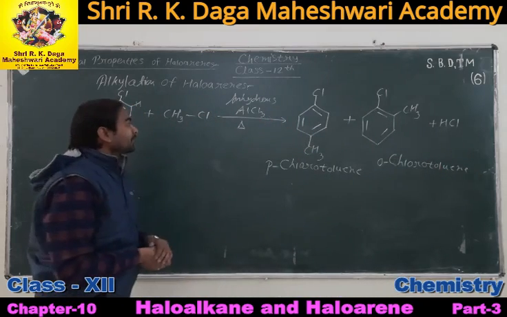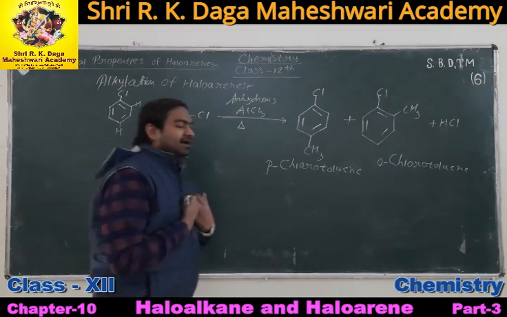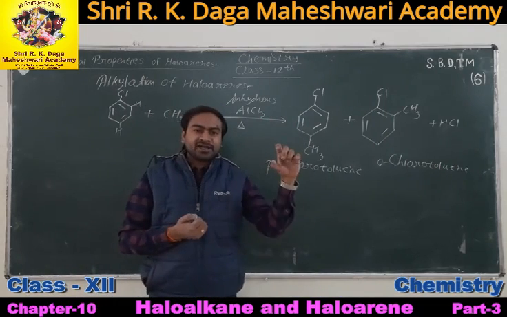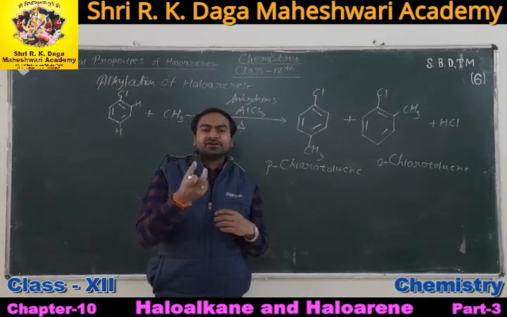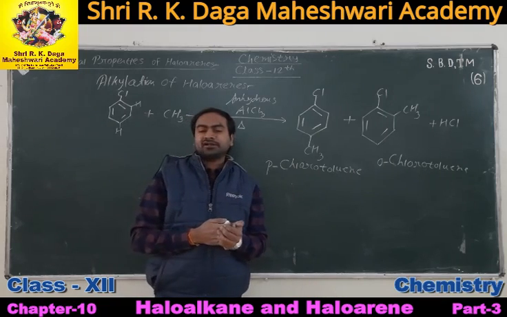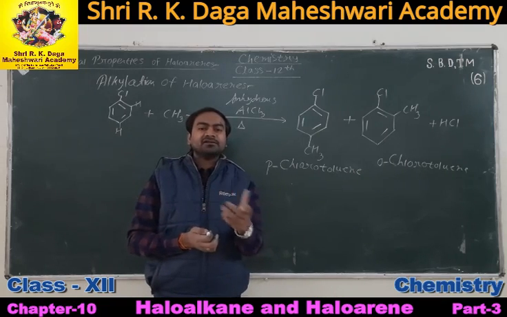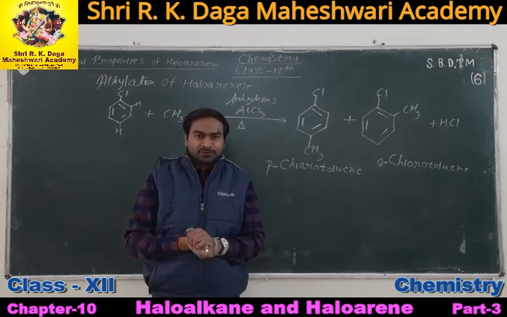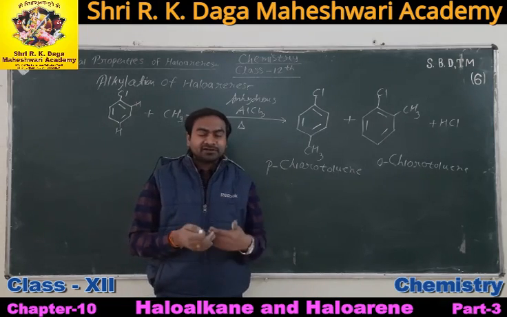Okay? So here what I did was substitute the H plus ion with one carbocation belonging to the alkyl group, alkyl carbocation, CH3 positive. That's why it is known as alkylation.